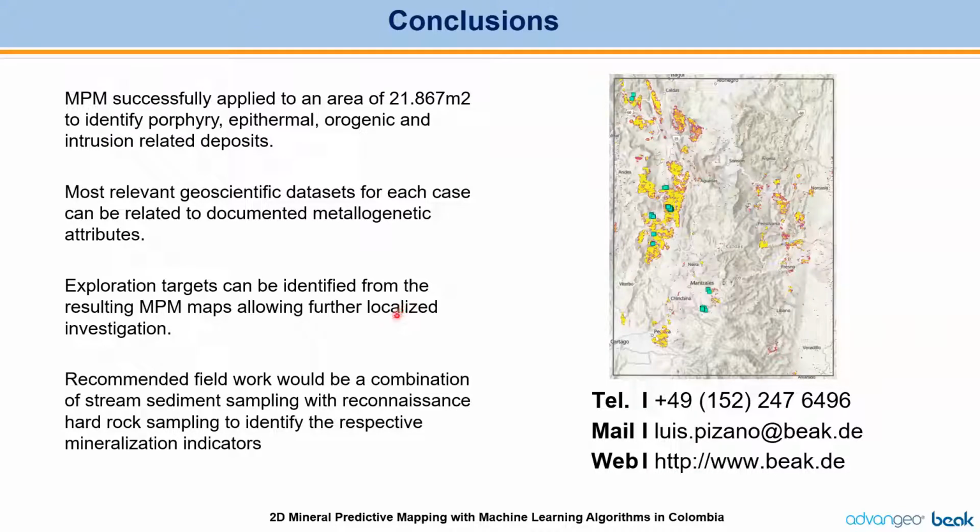However, we always have to go to the field to validate this. This has not been done, but is a recommended work of the project. Also, we can relate the results from our mineral predictive mapping to known mineral occurrences. And finally, we can identify where we can localize our further investigation.